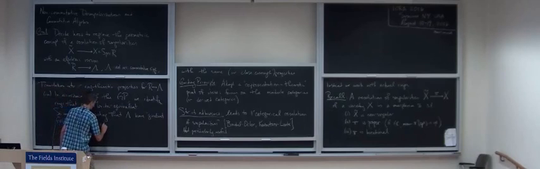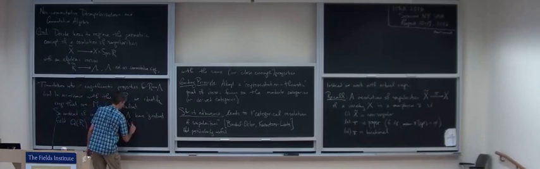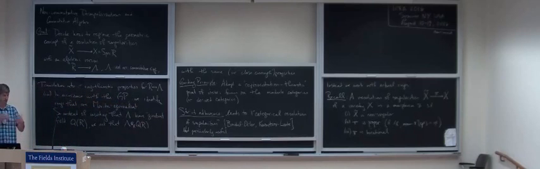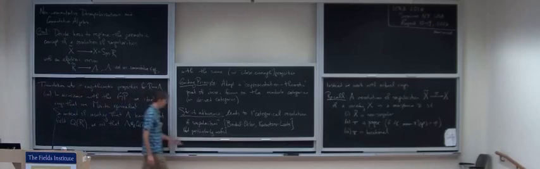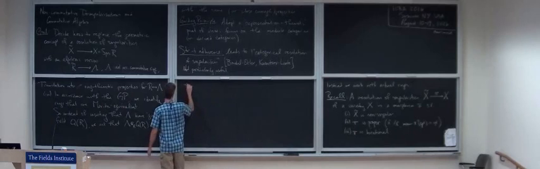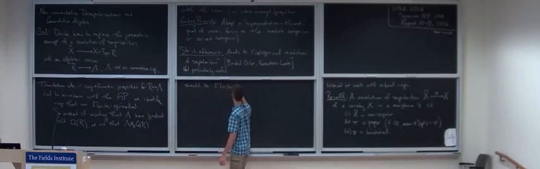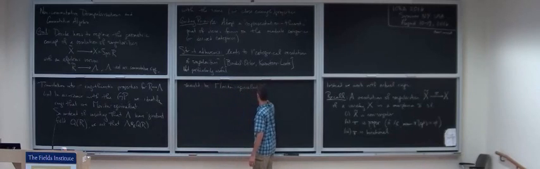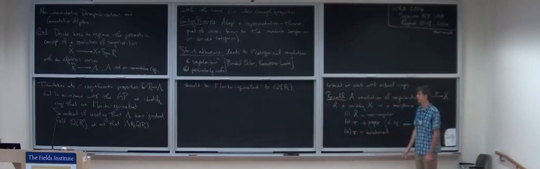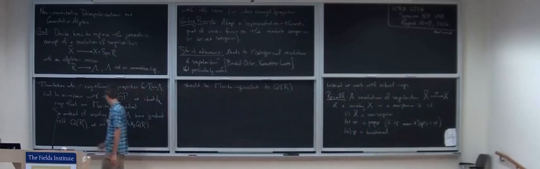we ask that when you tensor with the quotient field, think of this as inverting all the non-zero divisors in R, we ask that that thing should be Morita equivalent to Q of R rather than being equal to Q of R. And this is a field.